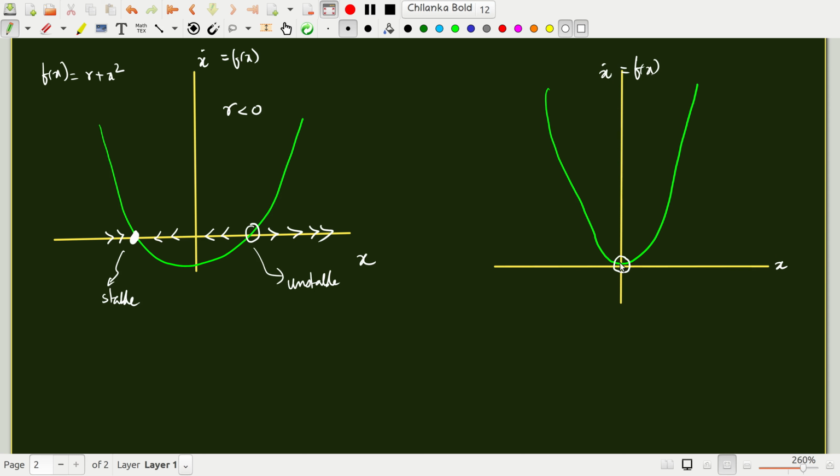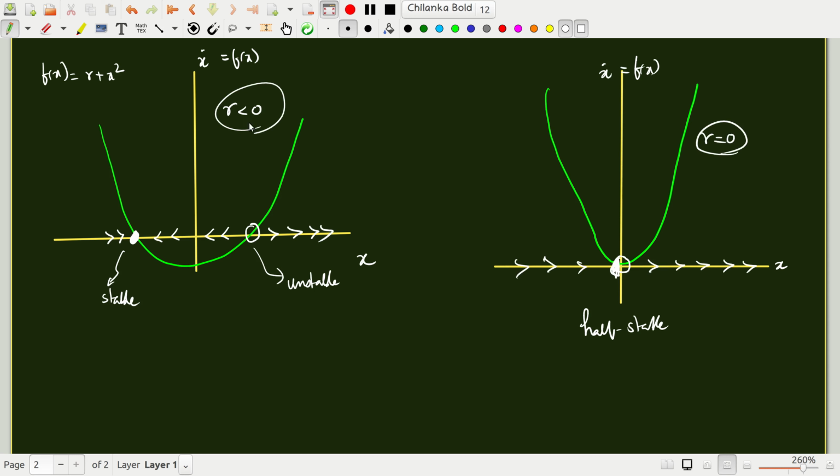Now here the fixed point is a half stable fixed point, because on this side it becomes stable. So this is a half stable fixed point. This is r equal to 0. This is r less than 0, because here things are going to flow towards the origin, but if you are on this side, things are going to flow away from the origin.